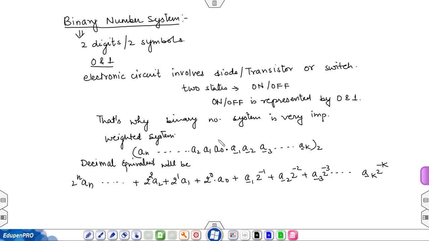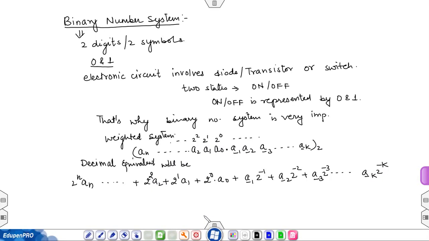So this position has a weight of 2 to the power 0, this position has a weight of 2 to the power 1, this position has a weight of 2 to the power 2, and so on. This is how you get the decimal equivalent from binary.